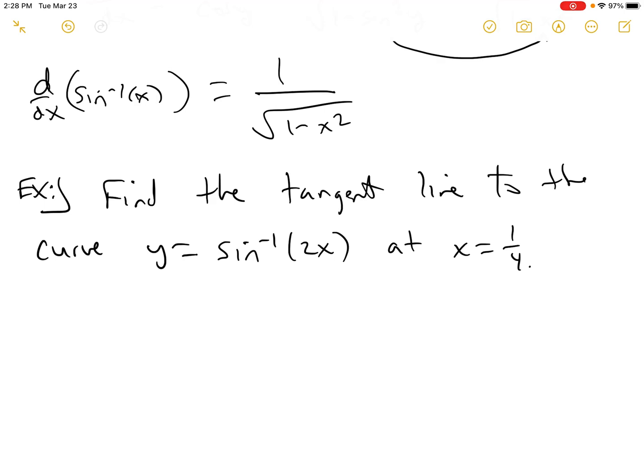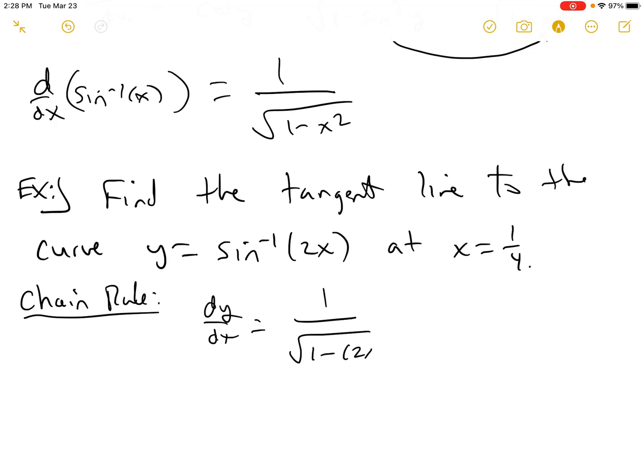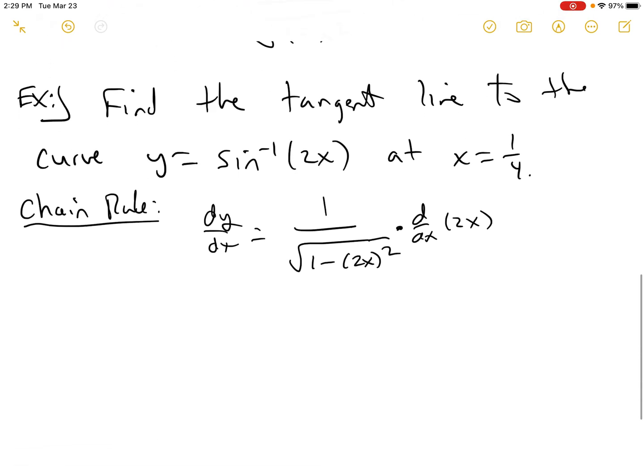So we need to use the chain rule here, because the inside of this thing is 2x, so the derivative of that is 2. So dy dx is 1 over the square root of 1 minus the quantity 2x squared, times the derivative of 2x. All right, chain rule. And that equals 2 over the square root of 1 minus 4x squared. Okay, so there's the derivative.